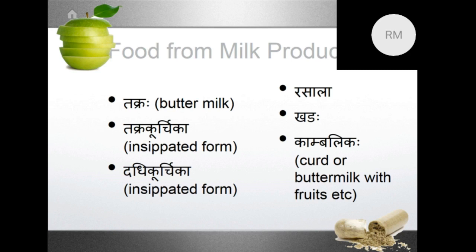And so in India we have a very interesting preparation called lassi, which is a modification of the buttermilk. So I was just waiting to hear from you whether buttermilk is used.